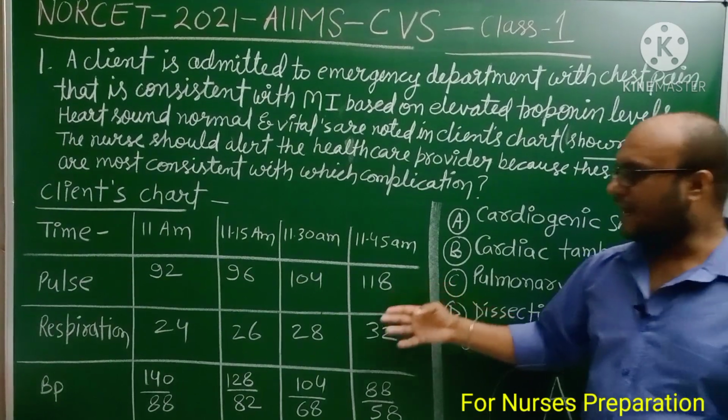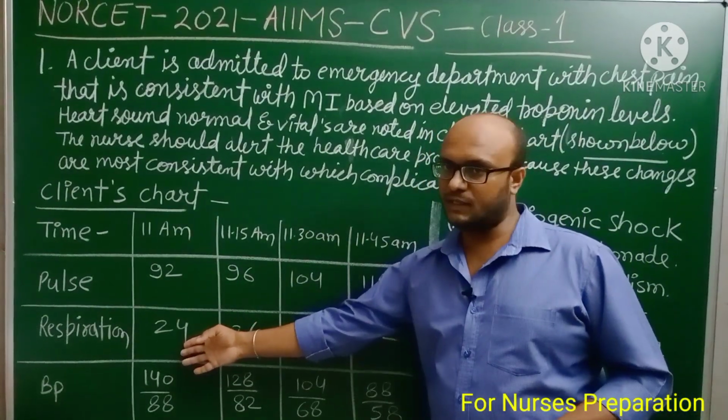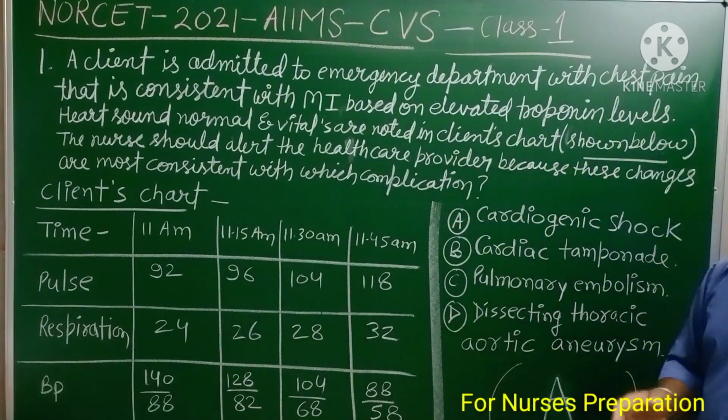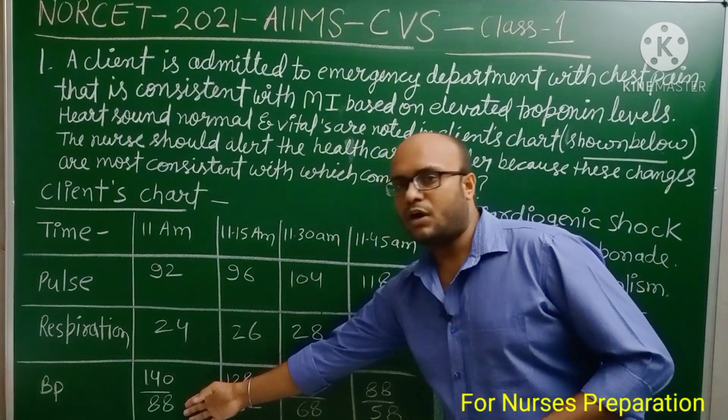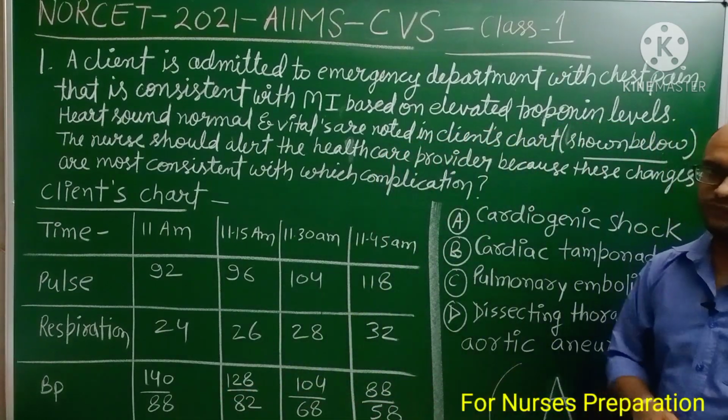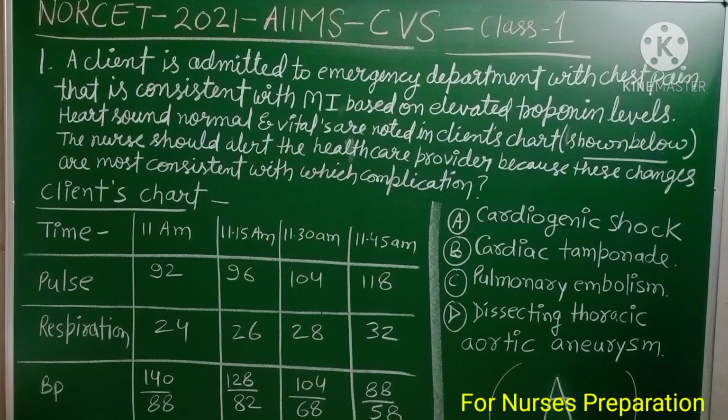Respiration was initially 24 and after 45 minutes it was 32 breaths per minute, and the BP went down from 140/88 to 88/58 mmHg. Simply, if a person has cardiogenic shock, his pulse rate and respiration rate continuously increase and his BP goes below normal.